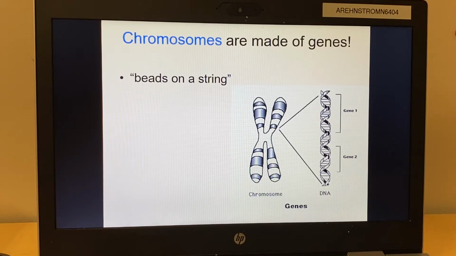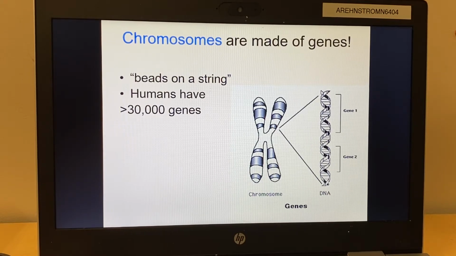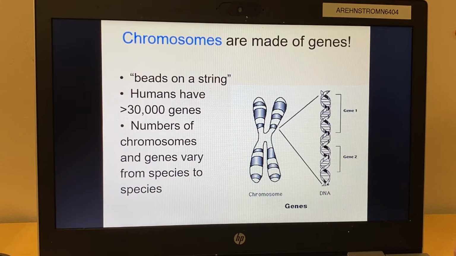There's a lot of your DNA that doesn't actually code for anything. But certainly in the time that we're living in, more and more genes are going to be identified. As of right now, over 30,000 genes have been identified in the human genome. That number is growing every day because lots of research is ongoing.